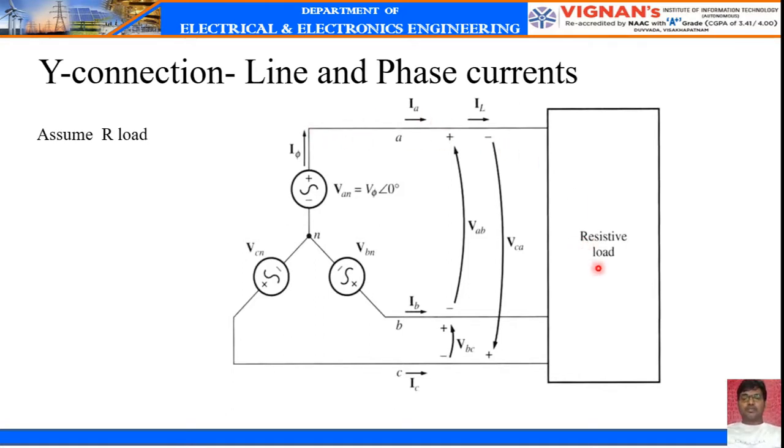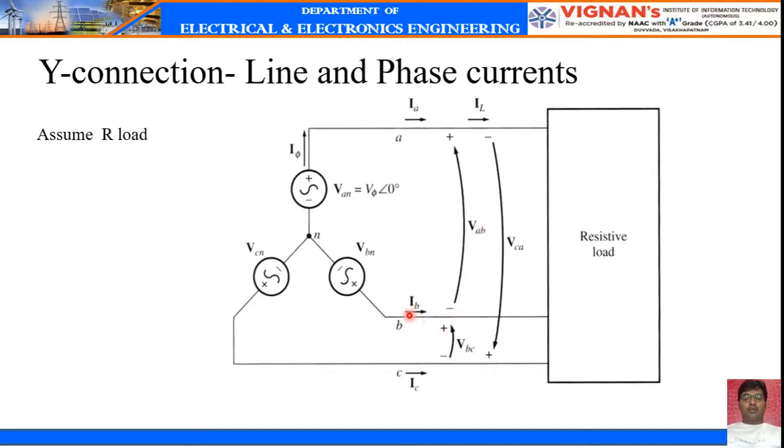Clear? So here it is connected to a resistive load. Similarly, IB denotes the current in phase B. IC denotes the current in phase C. Since it is a balanced voltage source, all three currents will have equal magnitude, and the current in each phase can be assumed as I phase. IL indicates the line current, which is the same as the phase current in case of a star connection. VAB denotes the voltage between terminal A and terminal B. It is the line voltage VAB.